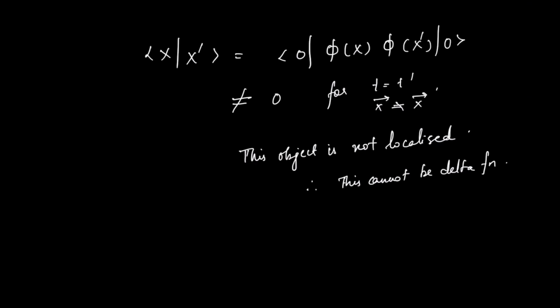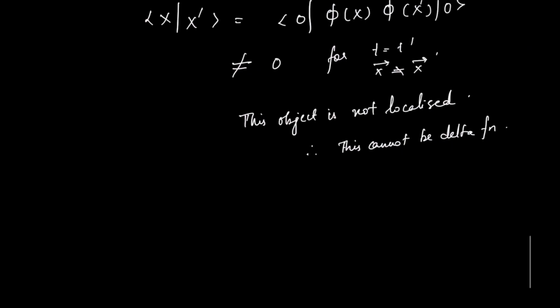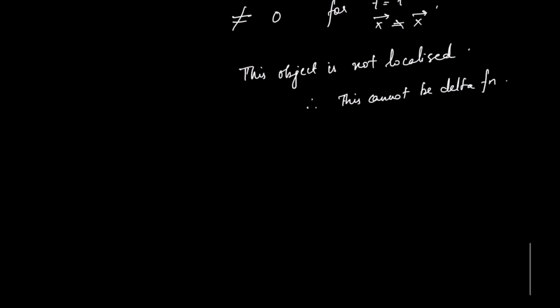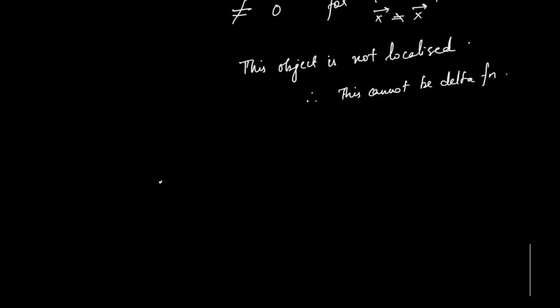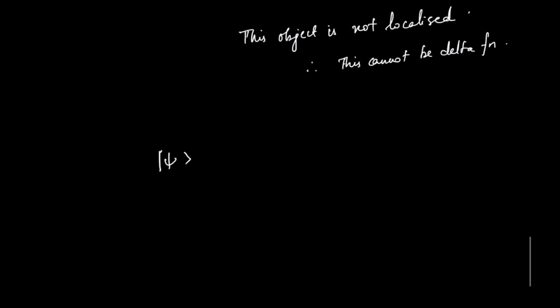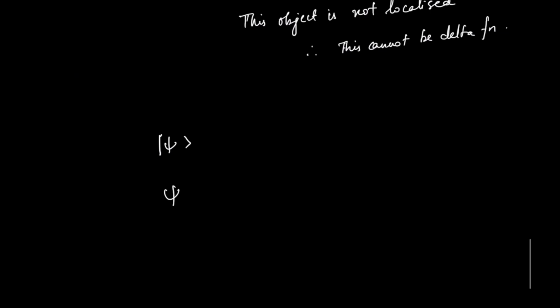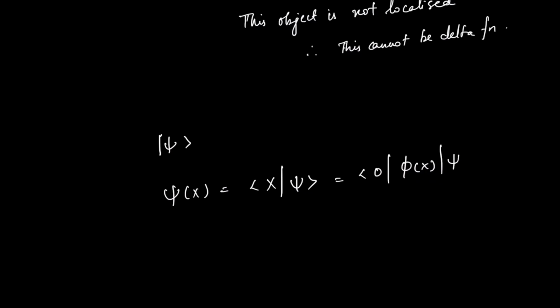Now, given a single particle state psi, you can define its wave function in quantum field theory as psi of x is equal to the state x overlap with psi, which is equal to phi of x acting on psi.